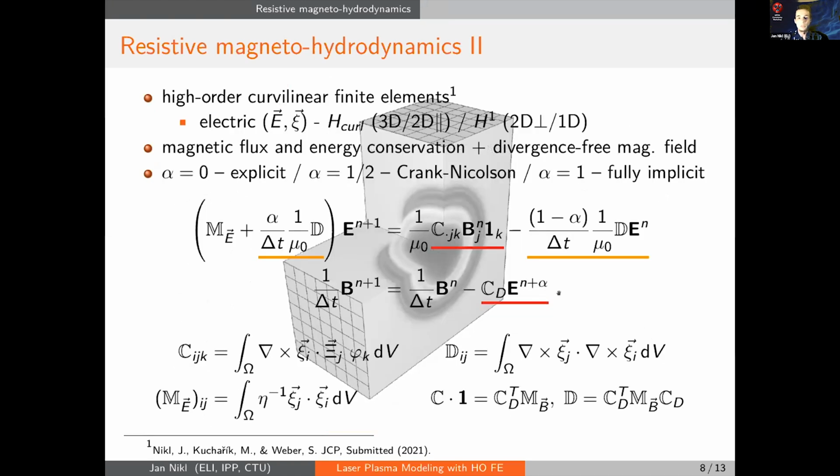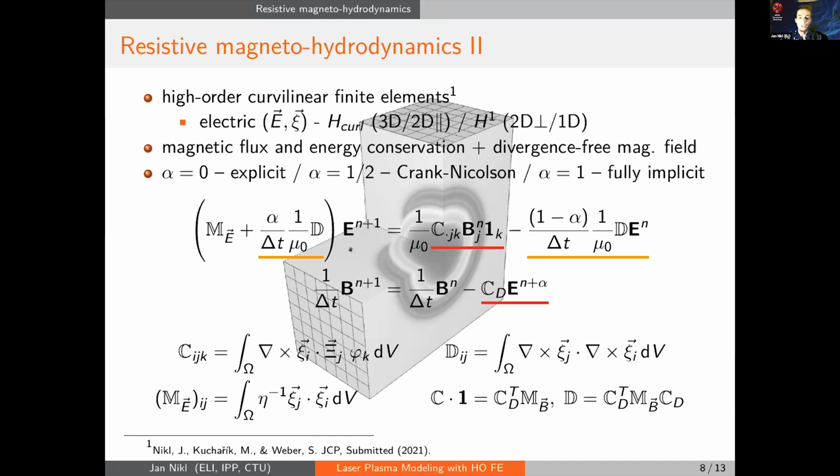And moving to the magnetodynamic part, we use H-curl or H1 finite elements for the electric field. And then due to the de Rham system and the discrete curl operator, we have still a divergence-free magnetic field here, but we may have explicit, semi-implicit, or fully implicit system for the electric field.